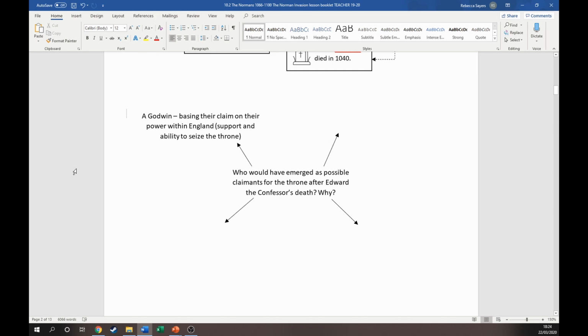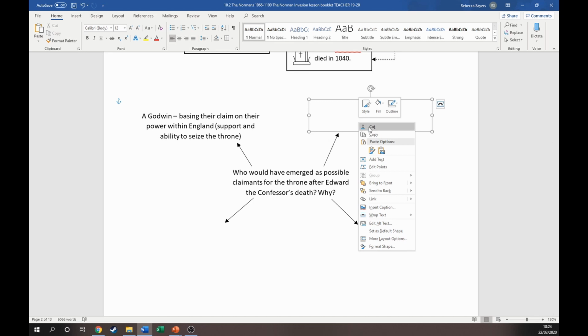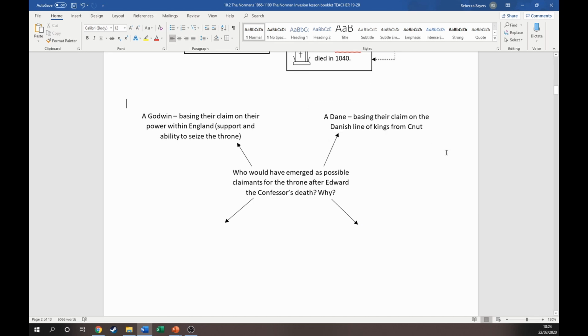Now, they aren't necessarily from a family which has held power in the past, however, they're likely to base their claim on their huge amount of power within England and their ability to take the throne through force and then keep it. We then have the Danes. Even though Edward the Confessor was an Anglo-Saxon, it's possible that a Dane may return and use that line of kings from Svein and Canute to try and claim that they should be king.